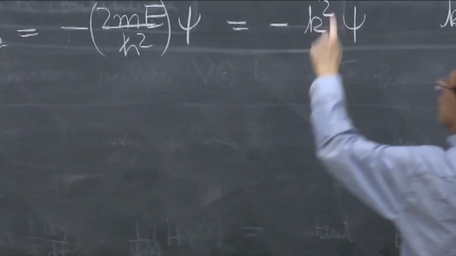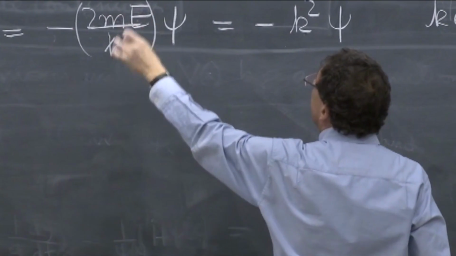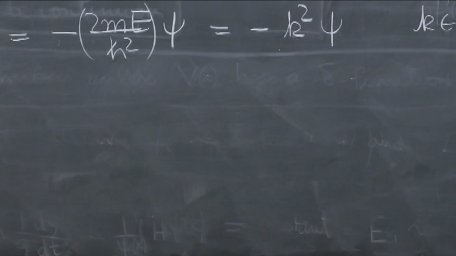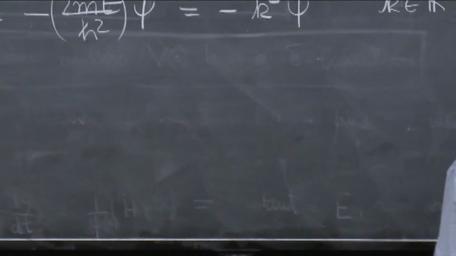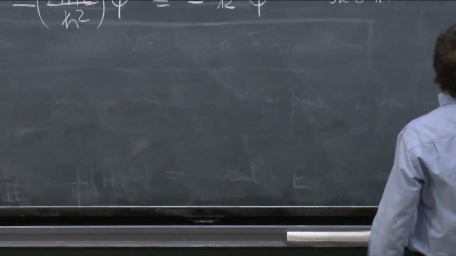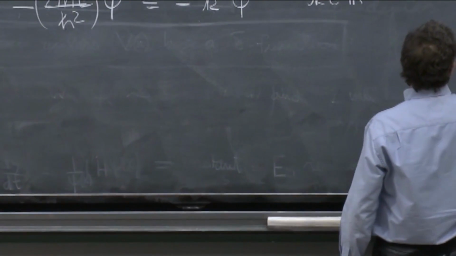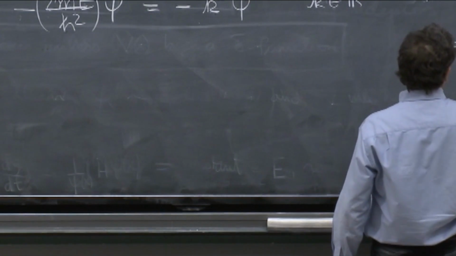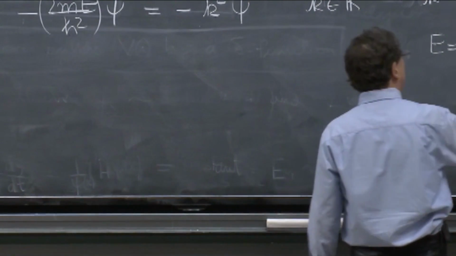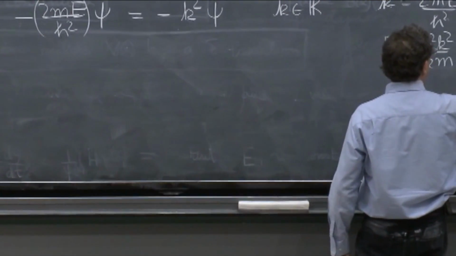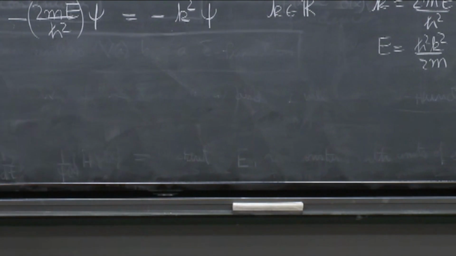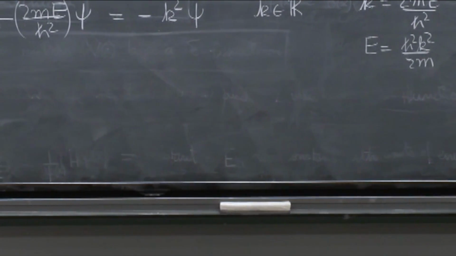With k real, the square is positive, and we've shown that the energy is positive. And in fact, this is nice notation, because if you're setting k squared equal to 2mE over h bar squared, you're saying that E is equal to h bar squared k squared over 2m. So in fact, the momentum is equal to h bar k, which is very nice notation. So this number k actually has the meaning that you usually associate, that h bar k is the momentum.